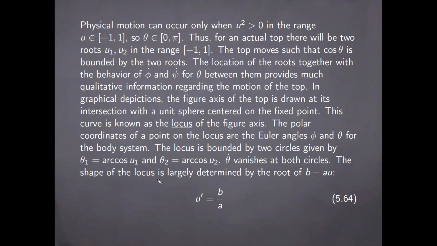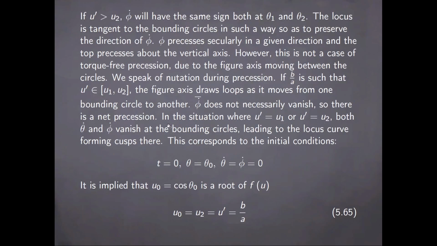The shape of the locus is largely determined by the root of this equation, so by the value u prime equals b divided by a. Now, in the case in which this root is larger than u2, the time derivative of phi will have the same sign both at the angles theta 1 and theta 2.